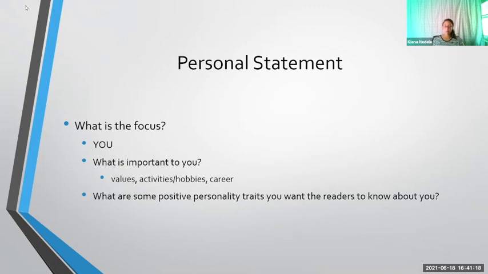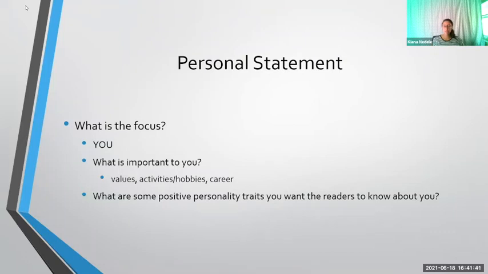The most important thing in your essay is you. Everything else that you talk about in the essay should be connected to you, and you talk about it in a way that shows interesting qualities, positive personality traits that are yours.